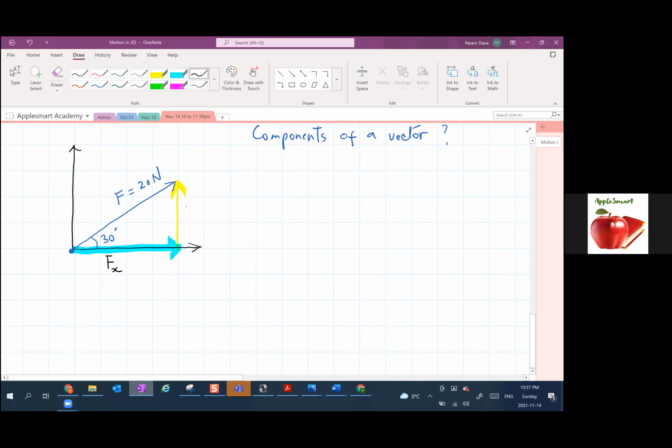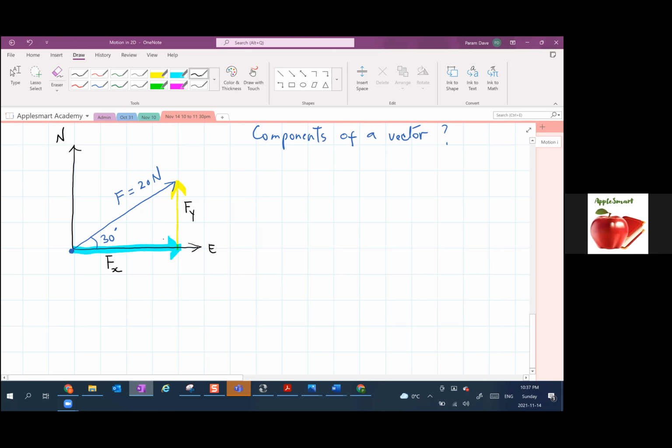The upward push is called Fy, the y part of it. So if you pull the stone at 20 newtons, 30 degrees north of east, what's your x part and what's your y part? How do I find that out?